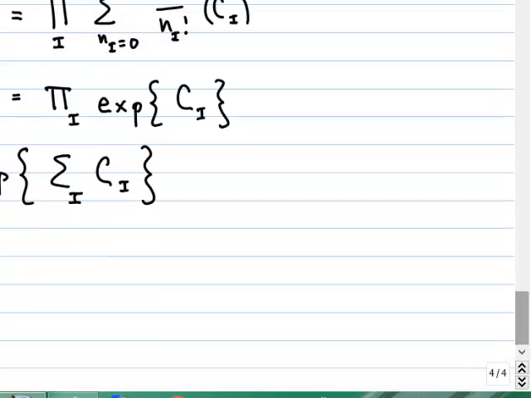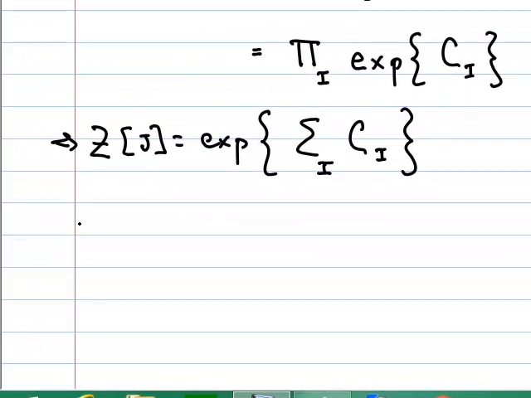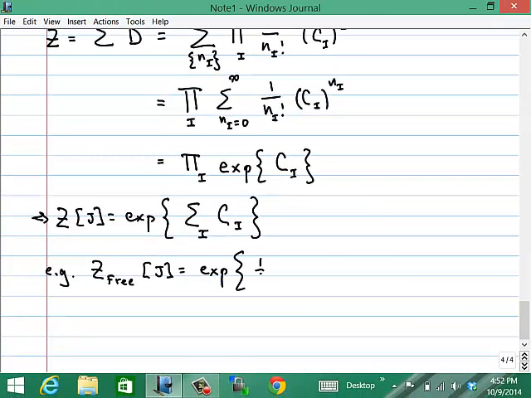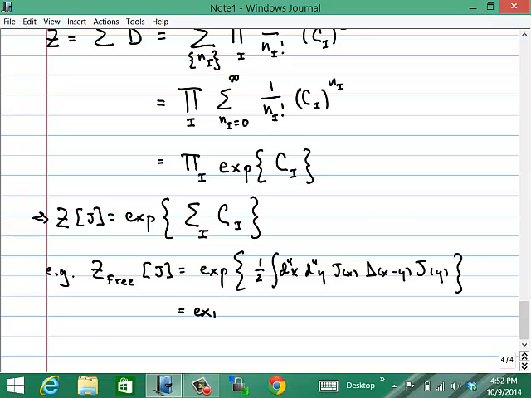In fact, we already saw this last class. For example, in a free theory, we saw that this was the exponential of 1/2 times the integral d4x d4y J of x, propagator, J of y, or if you want to write it in a more systematic language, the exponential of this guy.